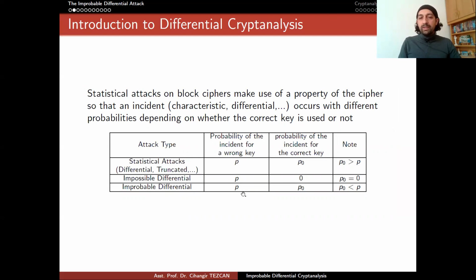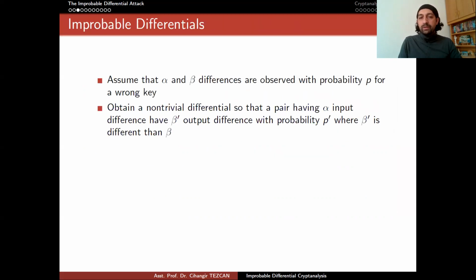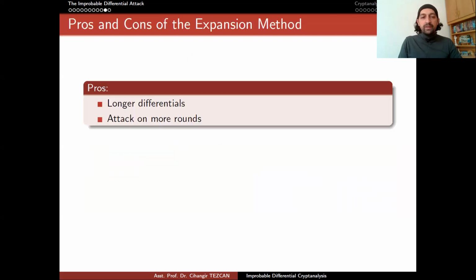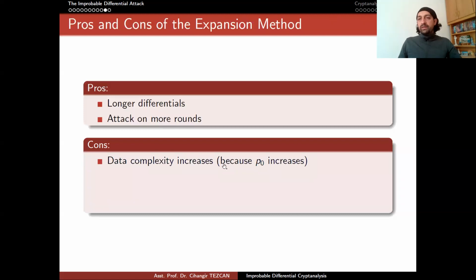But for the improbable case, P stays the same, but P0 becomes something larger than 0. So now you have to use more data to distinguish these two binomial distributions, right? For this reason, data complexity increases in order to distinguish these two distributions in a better way.